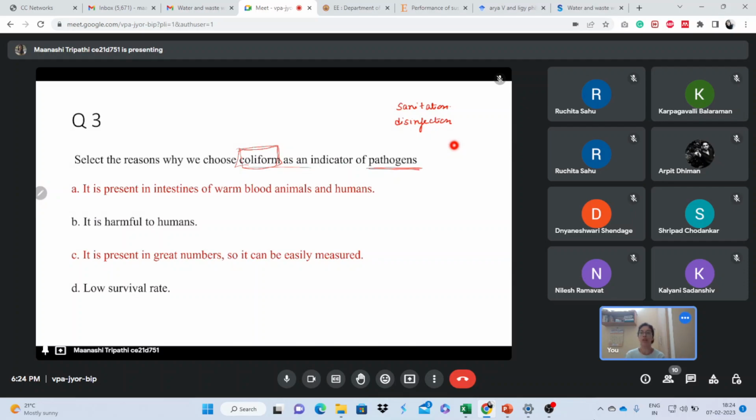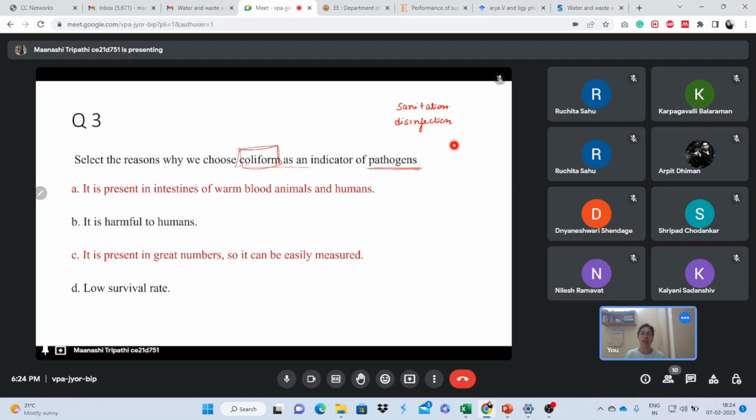If we are putting our feces in that water body. So you can understand, okay, coliforms are there. It means someone has discharged his or her feces in here, animals or humans. So that is the indicator of pathogens. If in any water body coliforms are present, it means pathogens are present. Okay, that is the first thing.